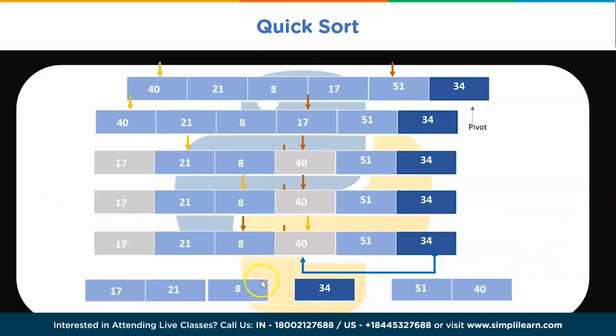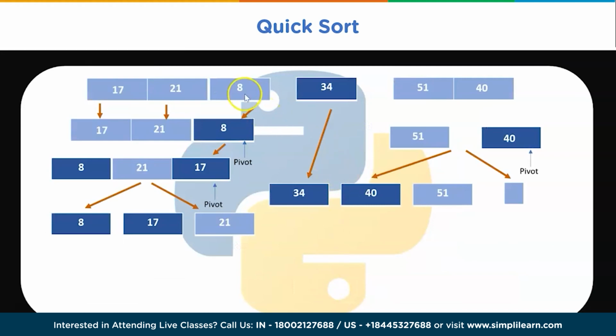Now the same logic will get applied to the left array and right array. In the left array now 8 will be assumed as the pivot, and in the right array 40 will be taken as the pivot. Applying the same logic, 8 is taken as the pivot, and 17 and 21 are where I and J are pointing.